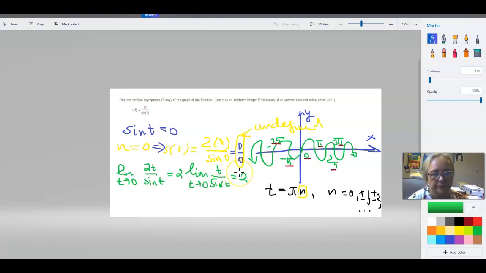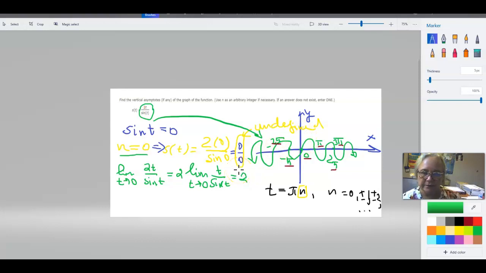So this is the graph of the function sine t, right? But the function that you have here, as t approaches 0, and that is happening when n equals 0, will approach 2 on the y-axis, so it will be like a hump here.